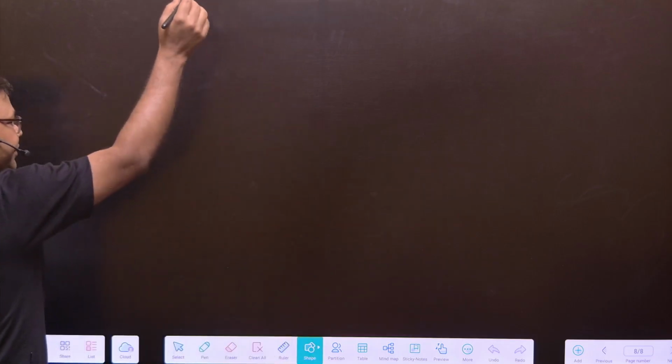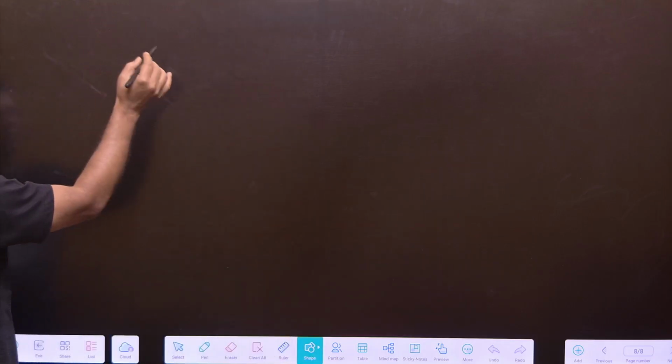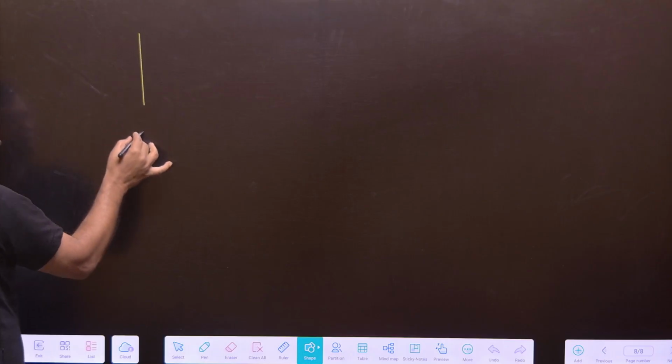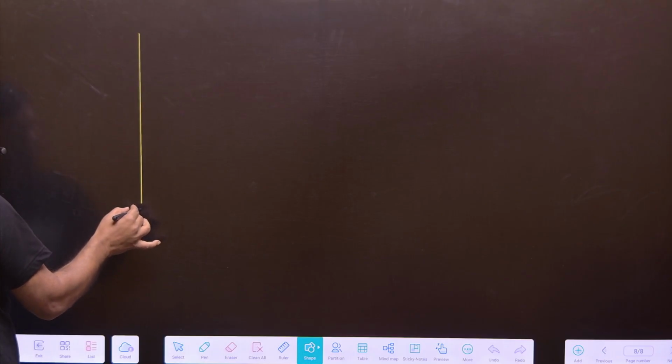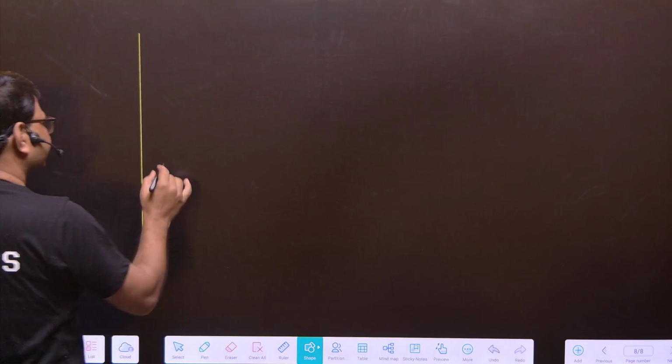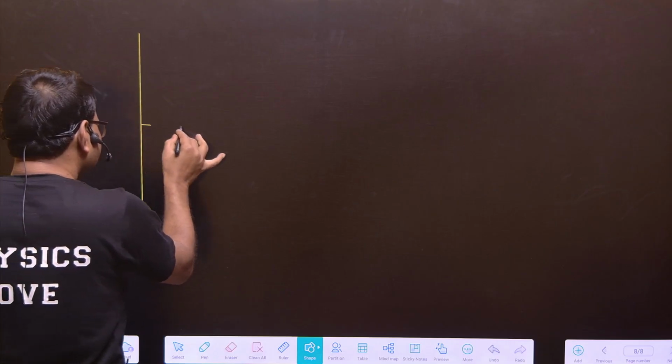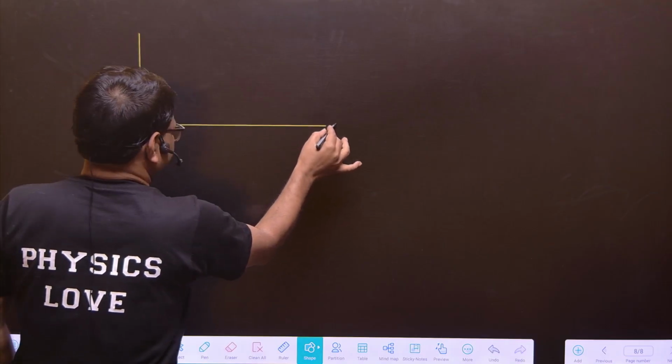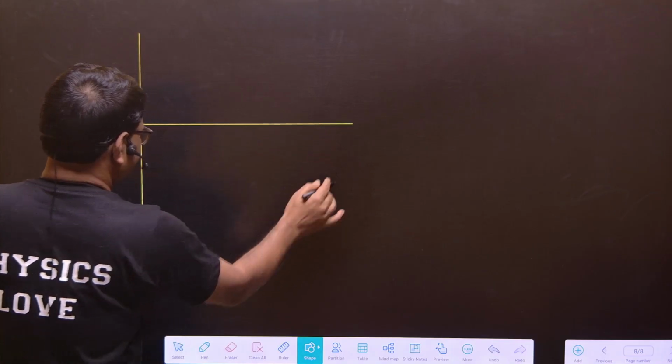Please draw this graph, with the y-axis and the x-axis.